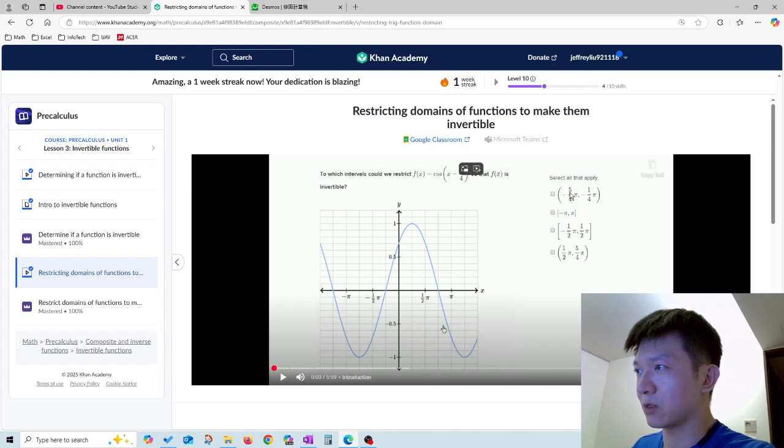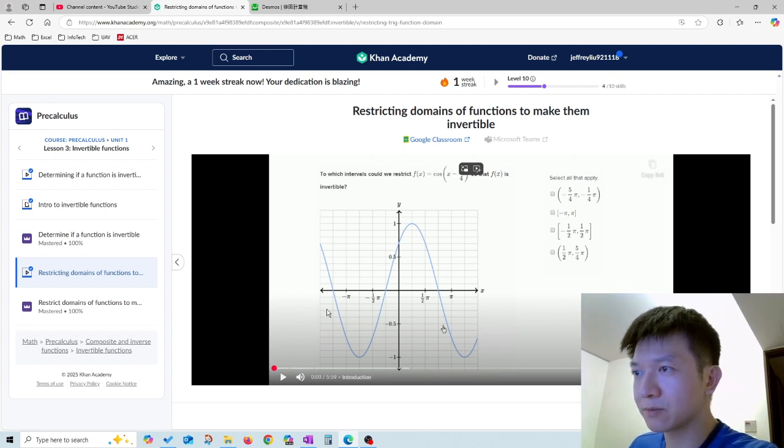All right, okay. So we restrict the domain, meaning your x, right? The negative 5 over 4 is right here, and negative 1 over 4 is right here. Okay, so this one does not work because it clearly points to, it does not pass our horizontal test.